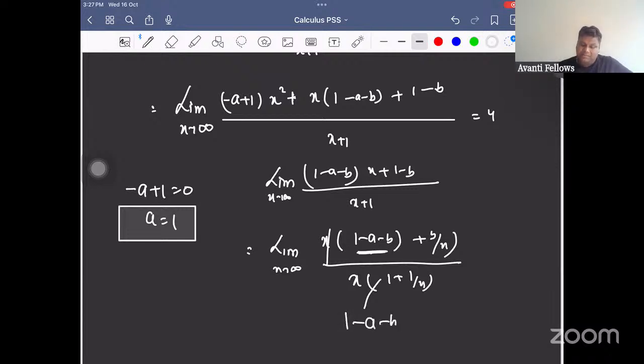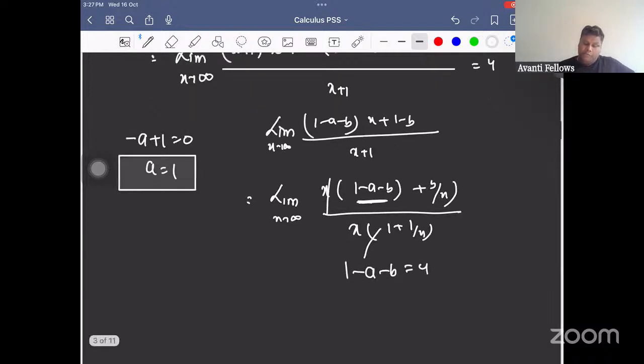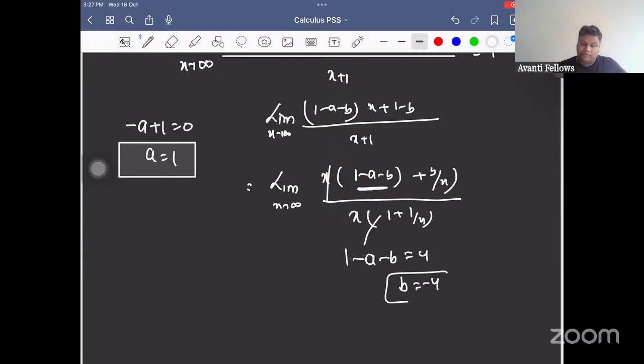So this 1 minus a minus b should be equal to 4. If you put a as 1, b will be minus 4.